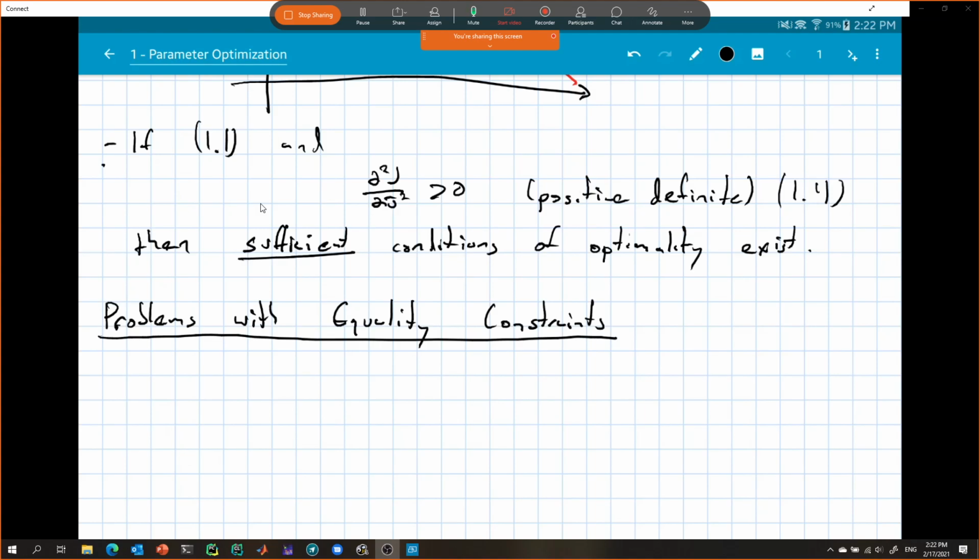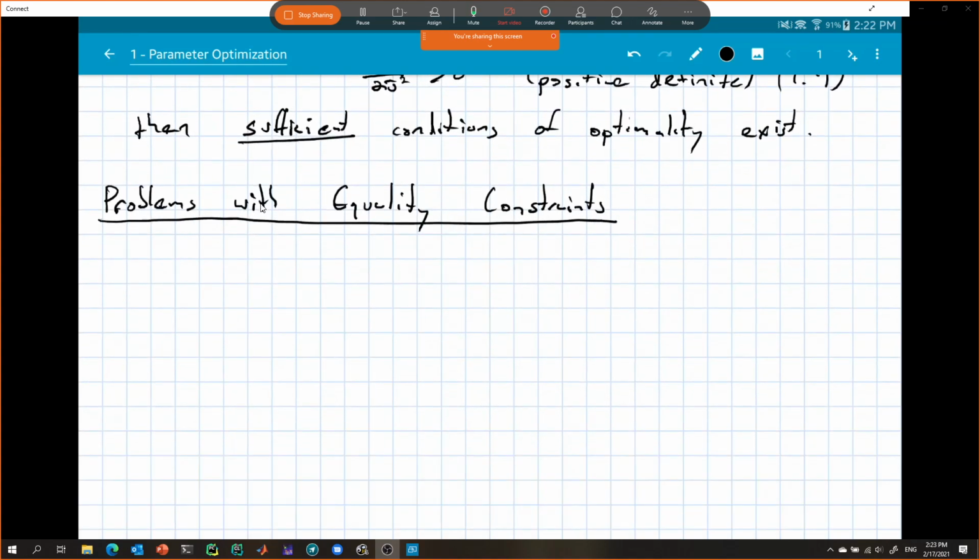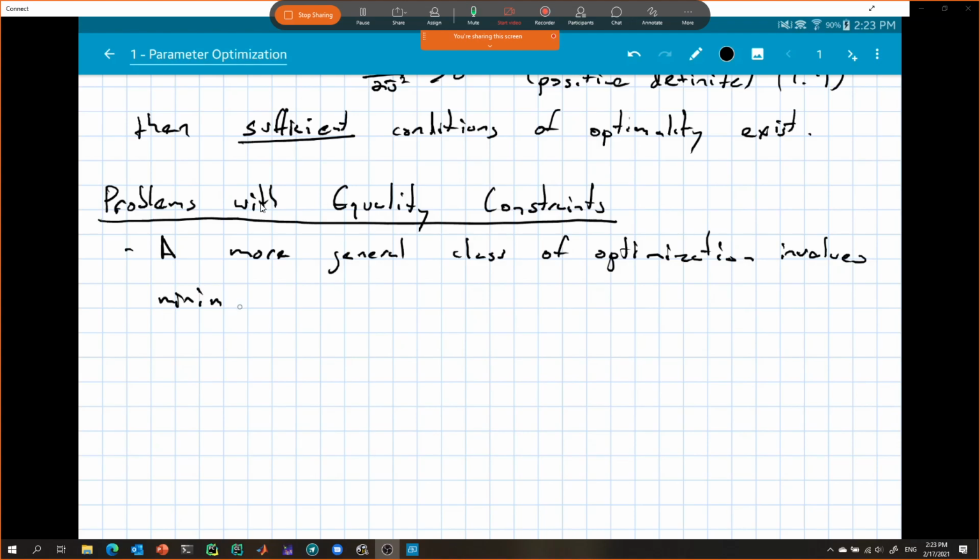A more general class of optimization problem involves minimizing a scalar cost J of x, u.